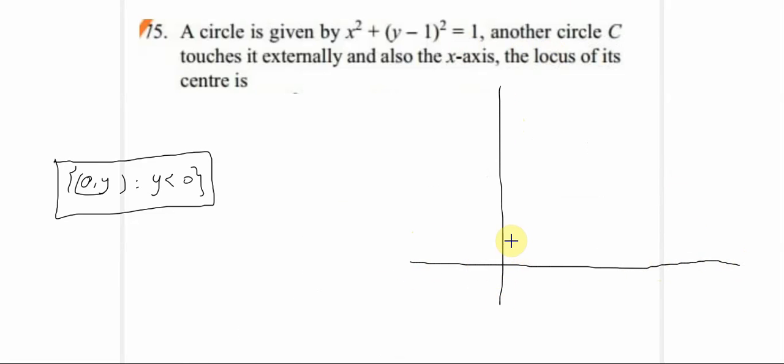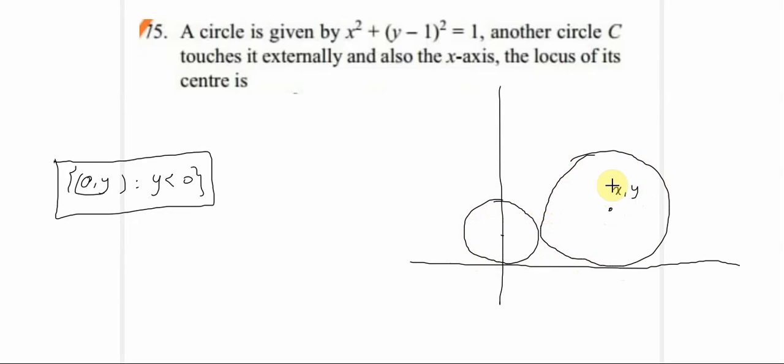This is our first circle, and let this be another circle, and let this center be (x, y). We want to find the relation between x and y. We know this point is (0, 1).